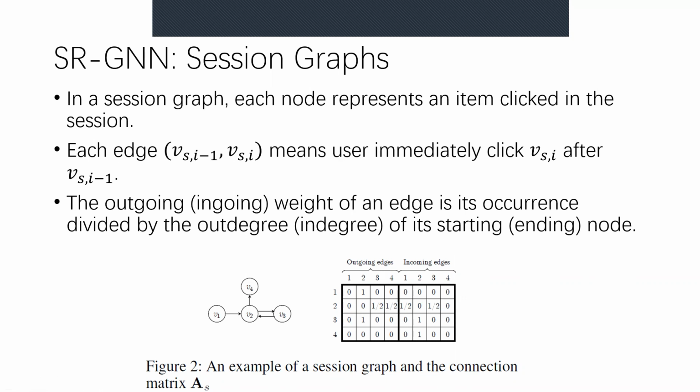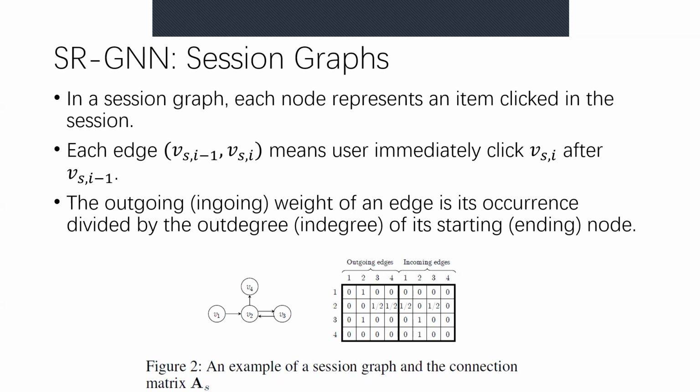A question: for each session, naturally it's a sequence, so why do we have a graph here? For example, from v2 it goes to both v3 and v4. I think this represents that when we click v2, there are 2 possible transitions: we might transition to v4 or we might transition to v3.